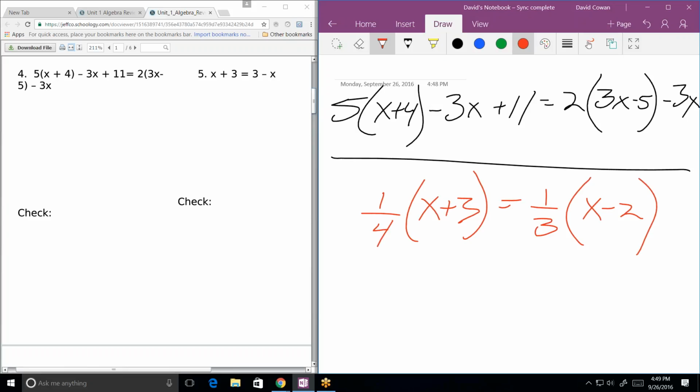If I gave you this problem, notice that we have both denominators and parentheses. Which one are we going to get rid of first?